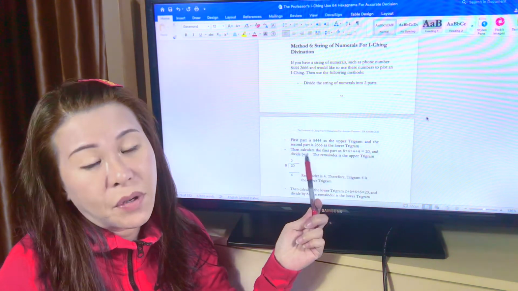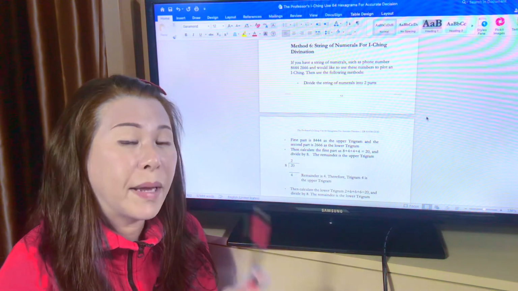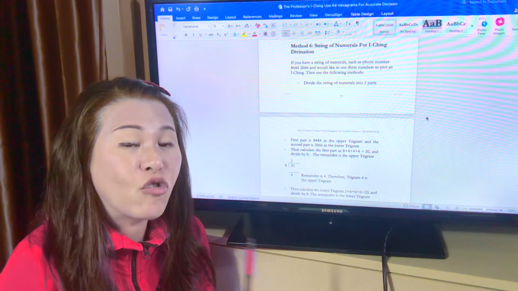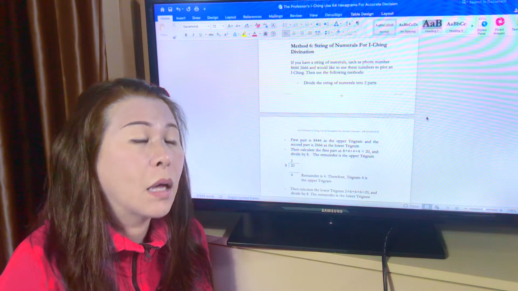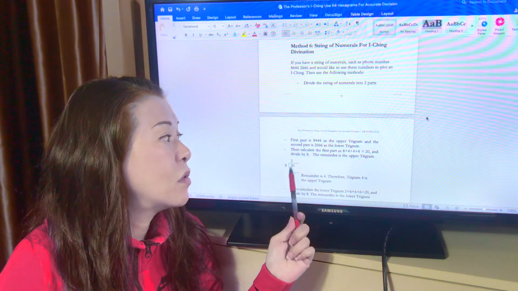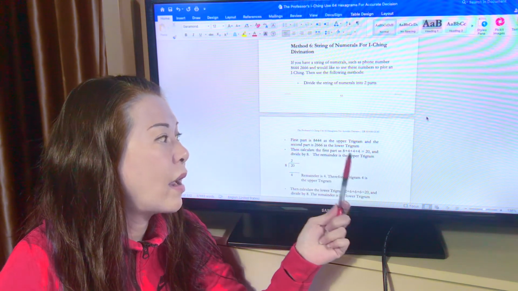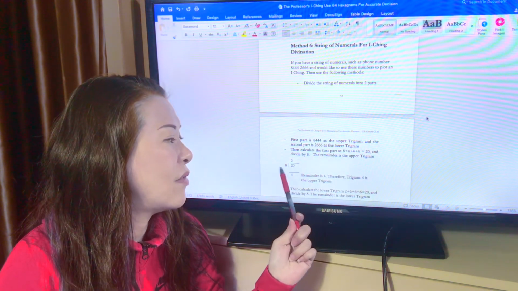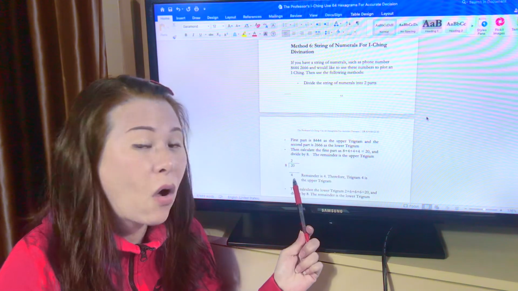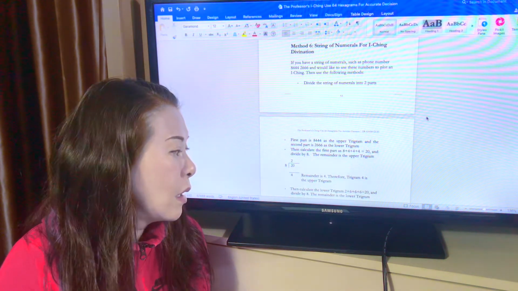Why do I divide by 8? Because I'm looking for a trigram, and there are 8 trigrams, the Pakwa, so I divide by 8. The total of 8444 is 20, so I use 20 divided by 8. The remainder 4 is the upper trigram.